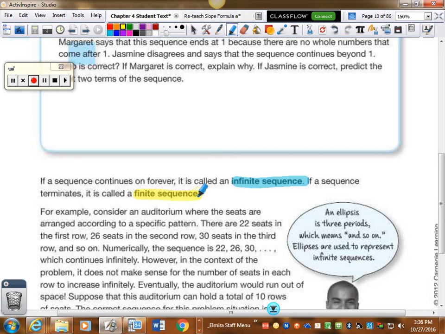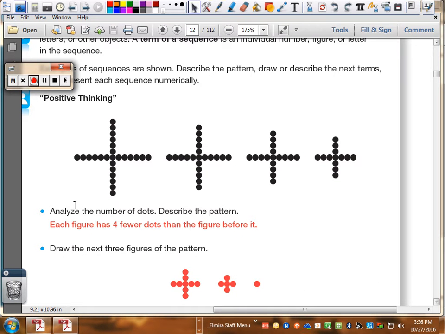For example, in your textbook when we were doing the dot one, there are only so many dots I can take away. This is a finite sequence because I have 49 and 36 and 25 and so on until I get down to one dot.